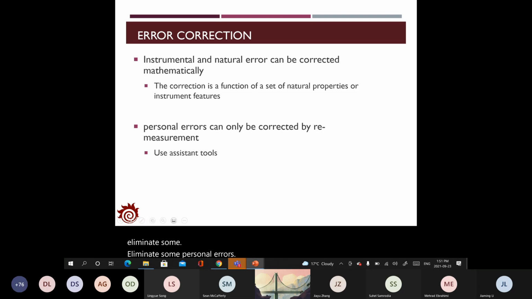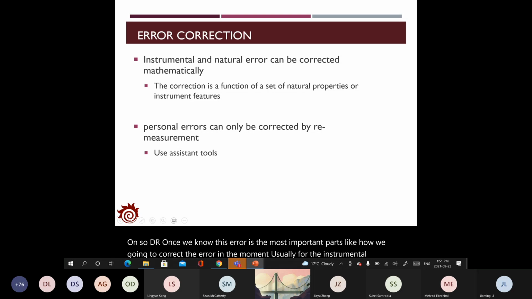So once we know these errors, the most important part is how we are going to correct the error in the measurement. Usually for the instrumental and nature errors, they can be corrected mathematically, which means that we can find out the true value if we know the features of those errors.